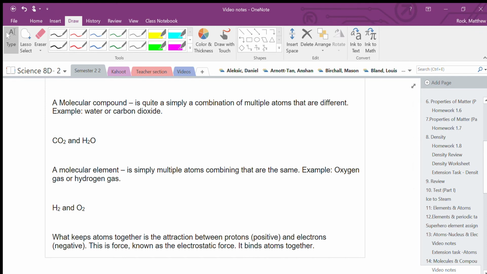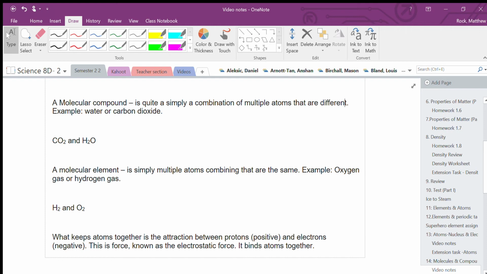Then we see that a molecular element. Now we know an element we define as quite simply an atom that has the same number of protons, or it has the same atomic number.